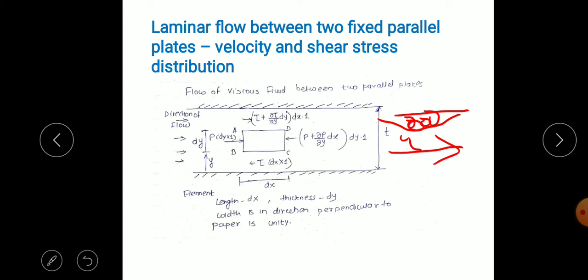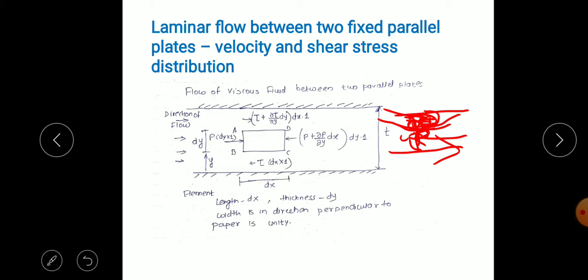This causes the particles near the wall to retard the flow, and that is because of viscosity. These stationary particles oppose the flow of the nearby particles, and that is called viscosity, and shear stress will be developed in that.